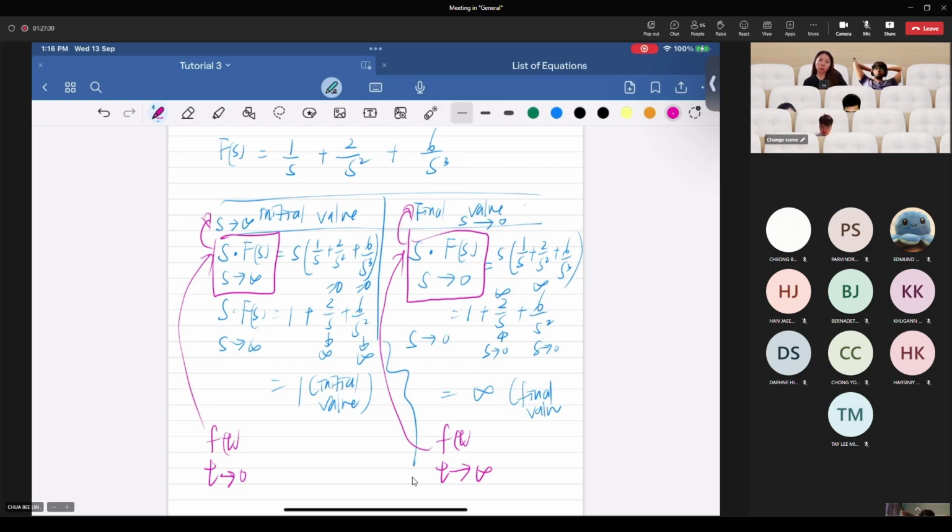Because from s to t is a long journey involving partial fractions, Heaviside, everything. If we want the shortcut to get the final value and initial value, we can straight away multiply with the s. If it is an initial value, we sub s going to infinity. If it's a final value, we sub s going to 0. So I have demonstrated how to solve using the initial and final value theorem.